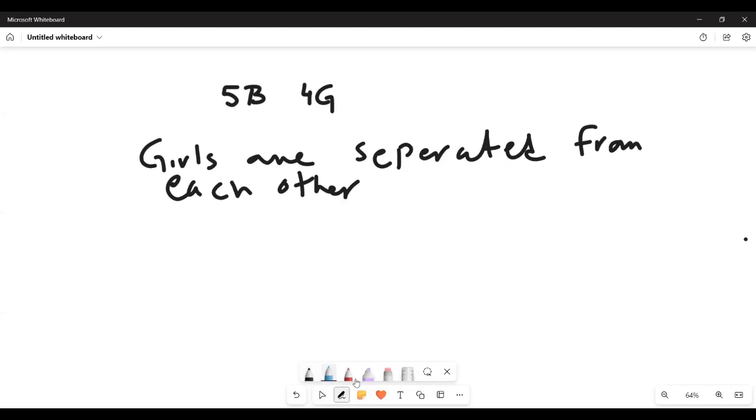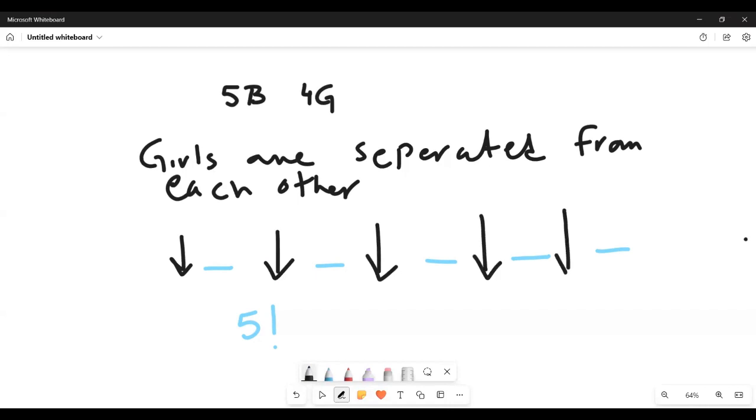Okay, so for that, you first make space for boys. 1, 2, 3, 4, 5. 5 boys, 5 seats. So either 5p5 or 5 factorial. Now the girls cannot sit together. That means we can have a girl here or here or here or here or here and here. So that's how many seats? 1, 2, 3, 4, 5, 6. 6 seats for 4 girls.